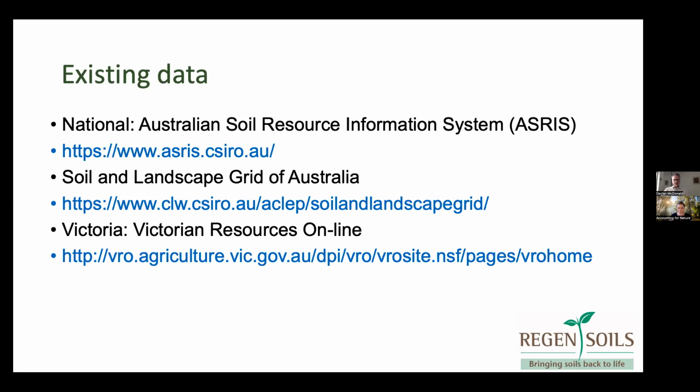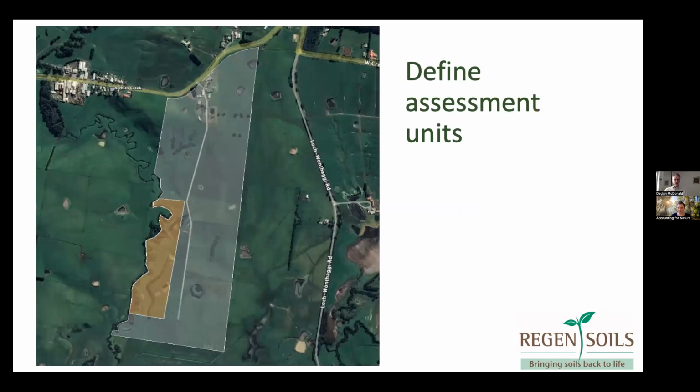But I'm based in Gippsland, where we're dealing with quite small farms. There might be 20, 40, 100 hectares, but in a landscape scale, they're pretty small. And whether we have accurate, appropriately scaled soil data for these areas varies enormously right across the country.